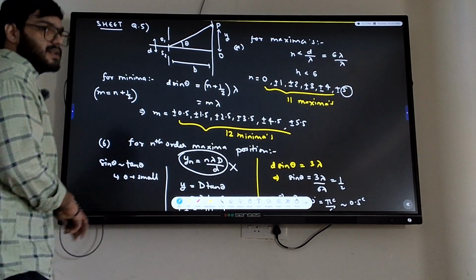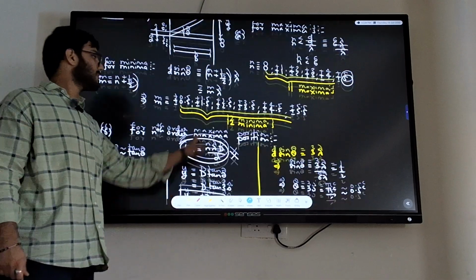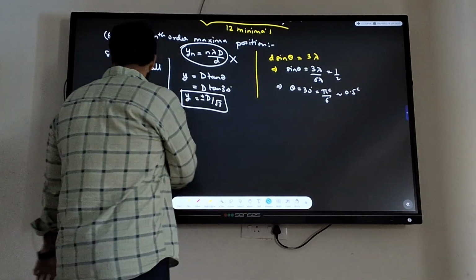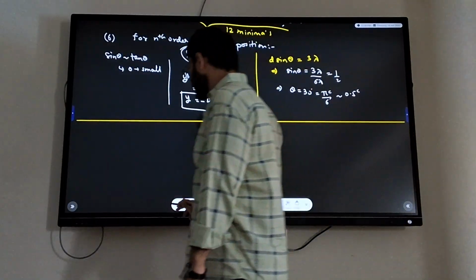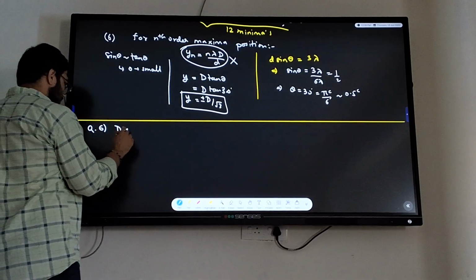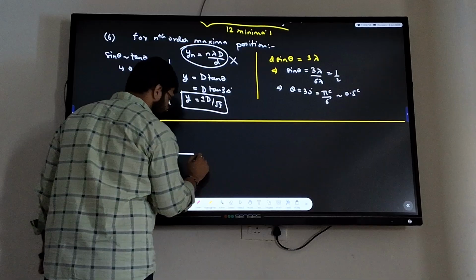Is the A part written by everyone? Written? Then I am making the diagram of the second question. Not the second question, the sixth question. And the diagram is given like this.